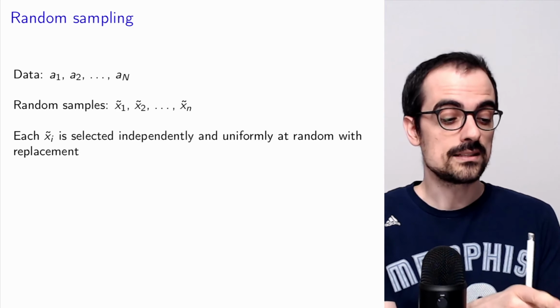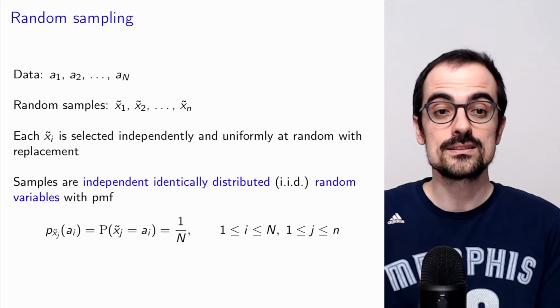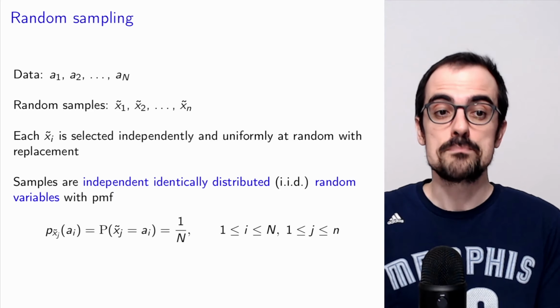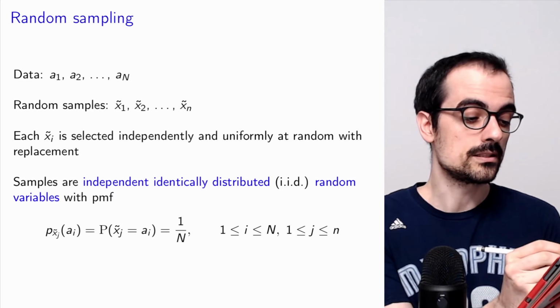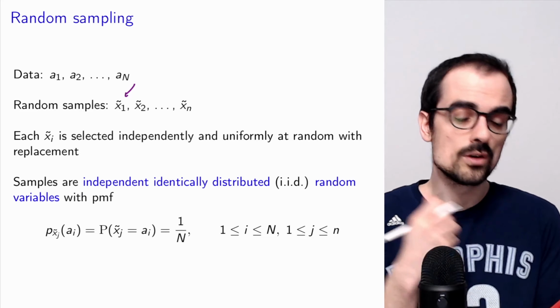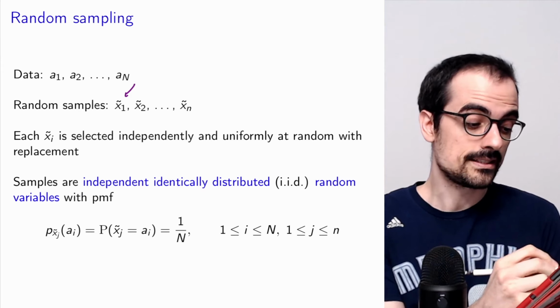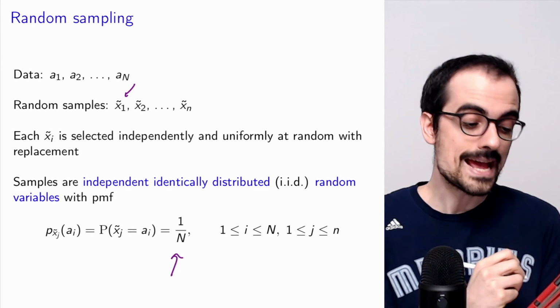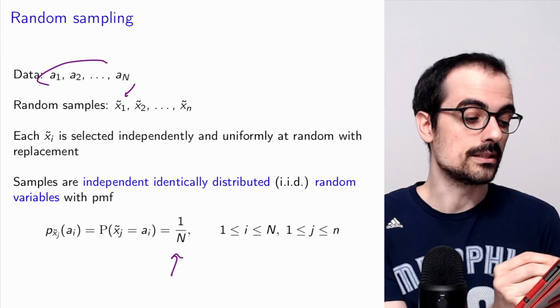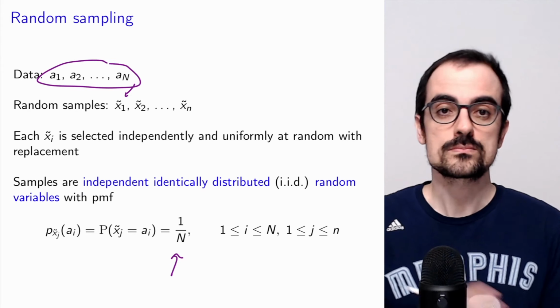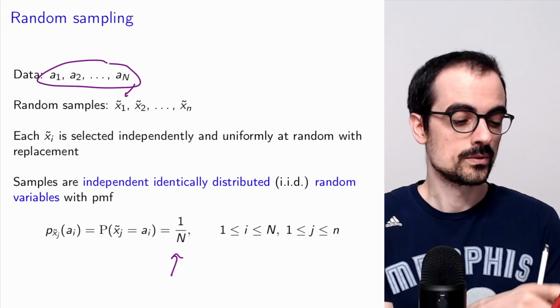So that means that their distribution is independent and identically distributed, and the PMF of each of the random variables representing the measurements is the same. It's equal to 1 over N for each of the possible values in the population. Okay? So hopefully that makes sense.